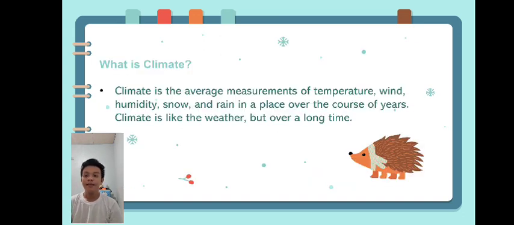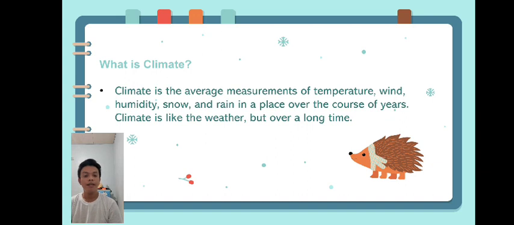So next topic is the climate. So what is climate? Climate is the average measurement of temperature, wind, humidity, snow, and rain in a place over the course of years. Climate is like the weather but over a long time. So when we say climate, it occurs for a long period of time. So matagalan siya.